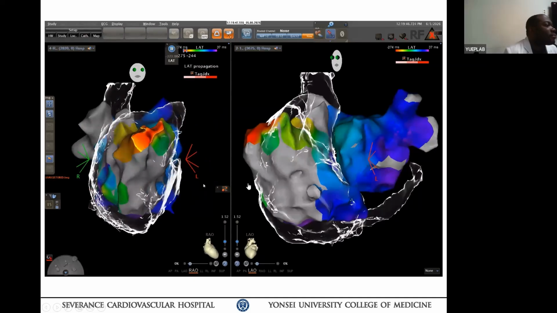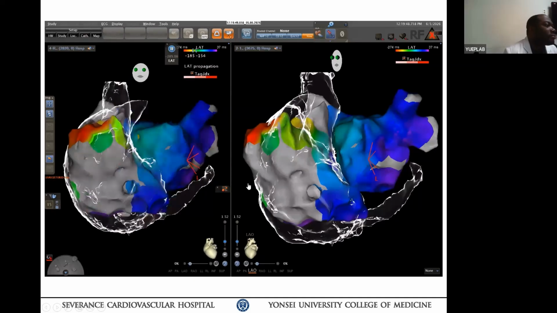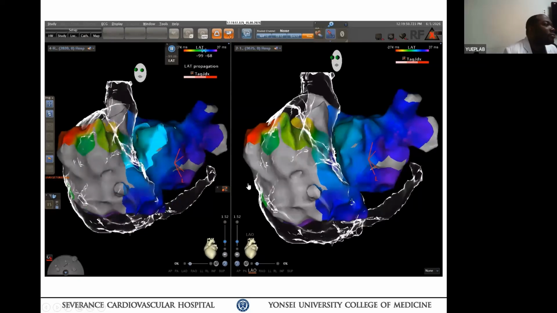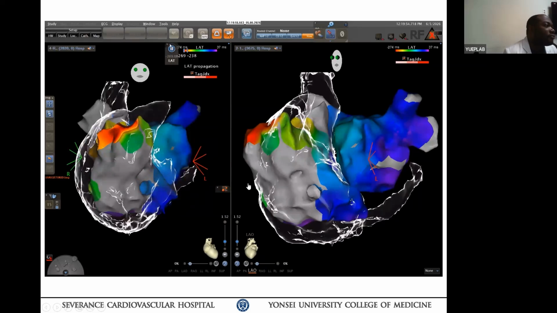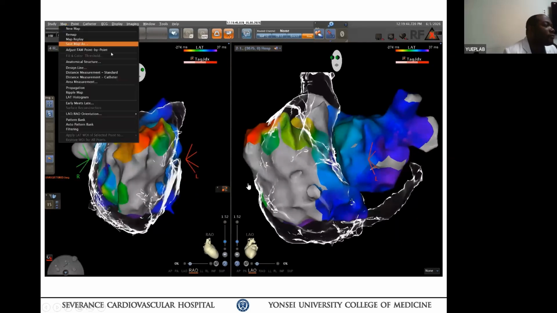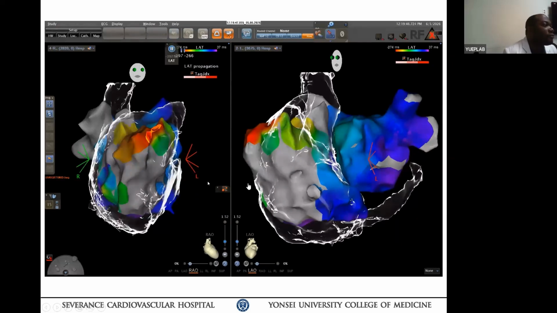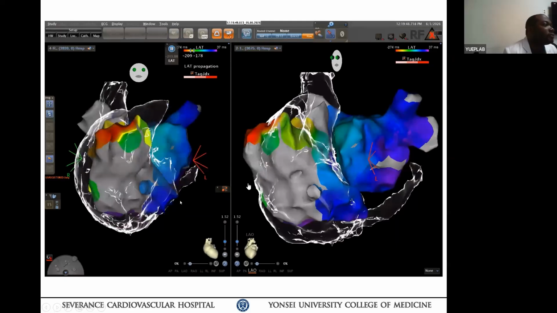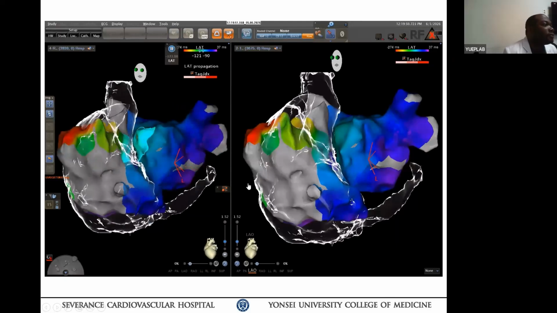Bachmann's bundle conduction is very poor. Only the major conduction is through the septum. But I don't know how much scar area is in the septum. If it progresses, probably he will get AV block because of AV node conduction.